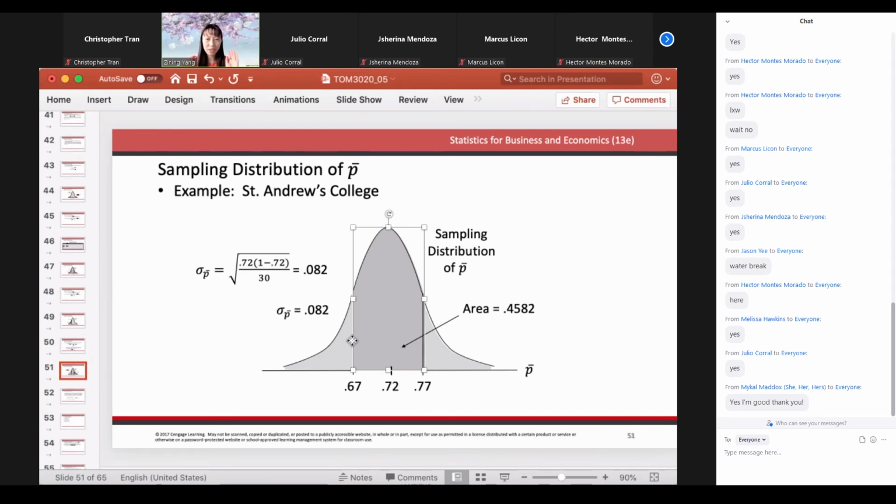Then figure out the z at 0.67, then the probability. Finally, you subtract the probability of the smaller area from the probability of the larger area, and you get the middle, the darker gray. That area is the probability of your sample proportion falling within that range.